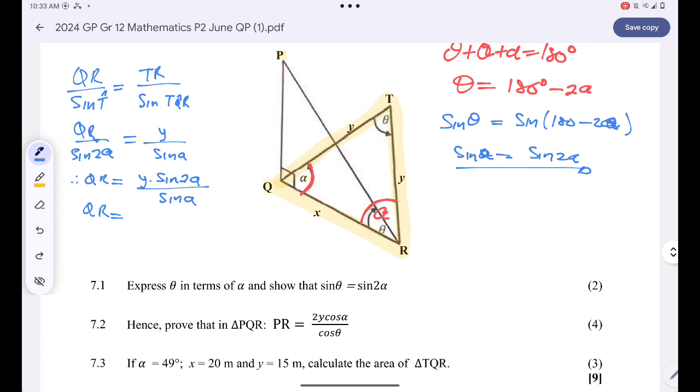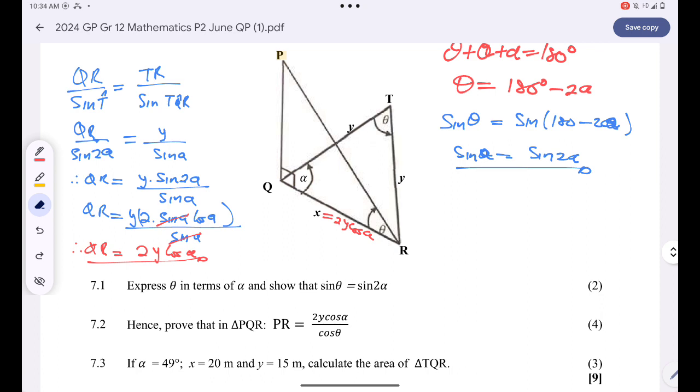That means QR is basically equal to 2 sine alpha cos alpha multiplied by Y all over sine alpha. I can see that the sine alphas will cancel. Therefore, the length of QR will just be 2Y cos alpha. So this length over here, X, is basically equal to 2Y cos alpha.